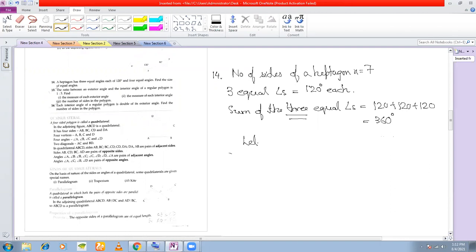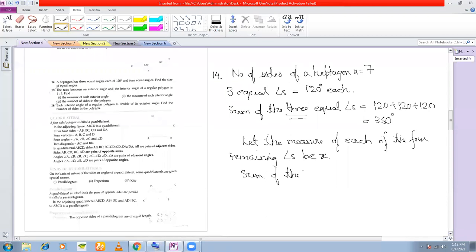So I say, let the measure of each of the 4 remaining angles be x. So what is the sum of the 4 remaining angles? x plus x plus x plus x equal to 4x.